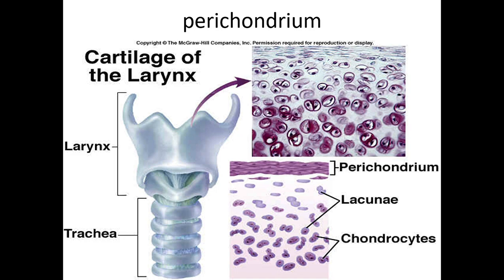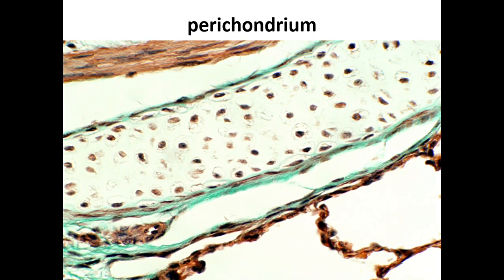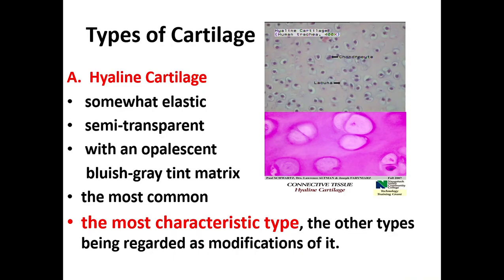It will contain perichondrium plus chondrocytes trapped in a lacuna. So here we have an illustration of a hyaline cartilage bound at both sides by perichondrium. The green and the brown color is just the stain used in staining the tissue.